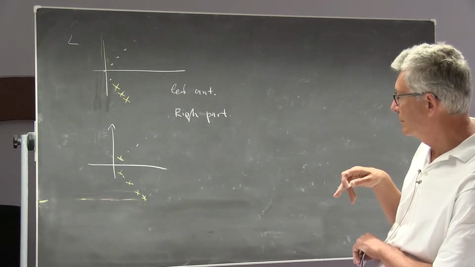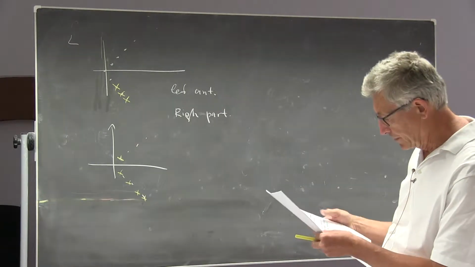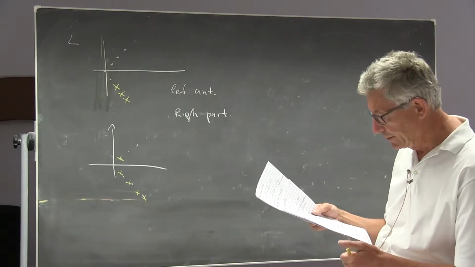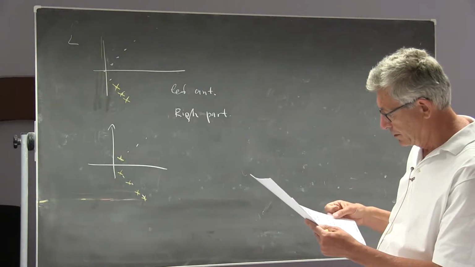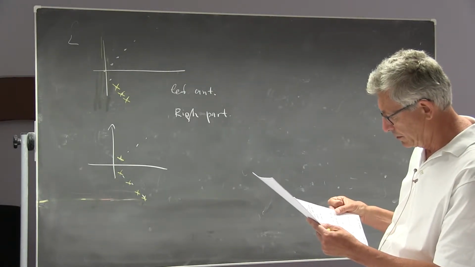Sorry? Two right particles are generated because left antiparticle is somehow right particle. Yeah.